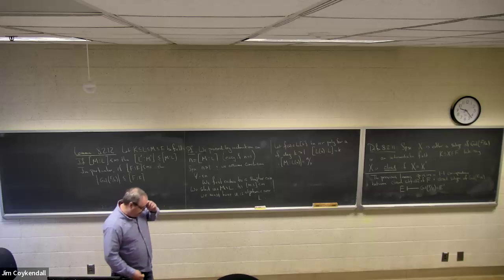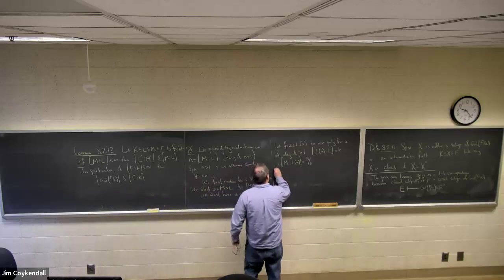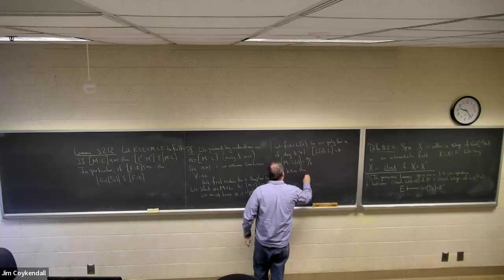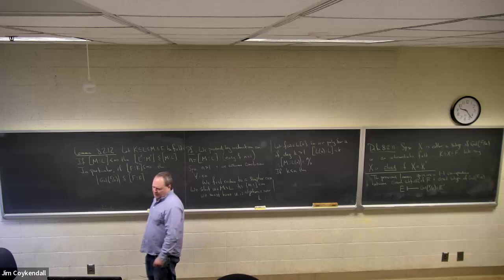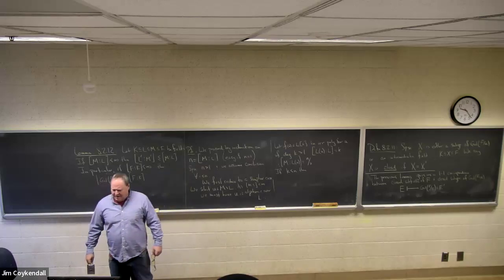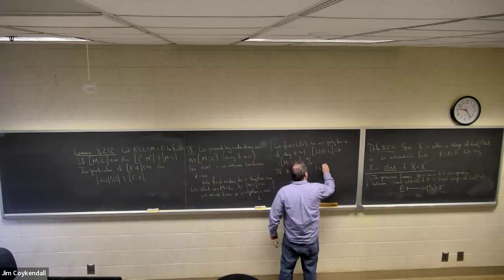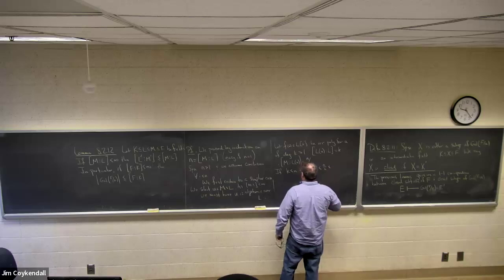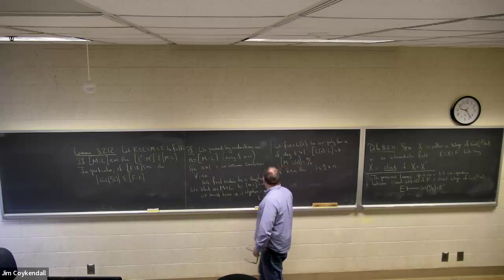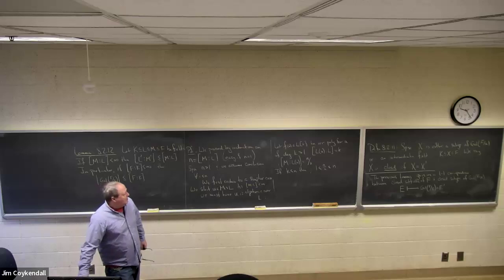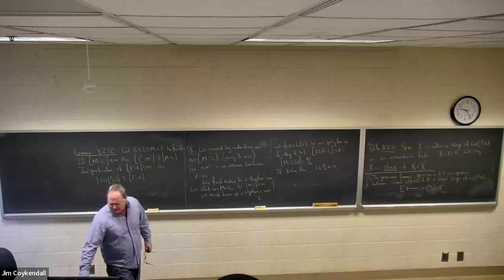If k is less than n, then n over k is strictly between one and n as well.